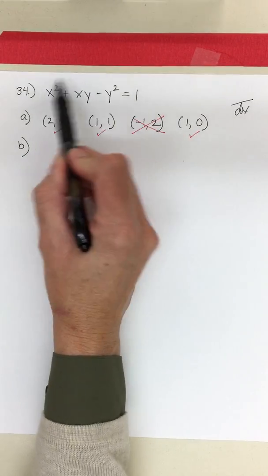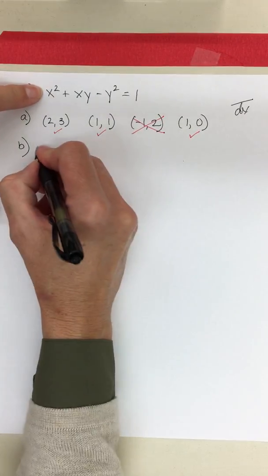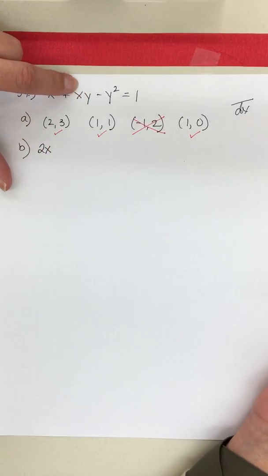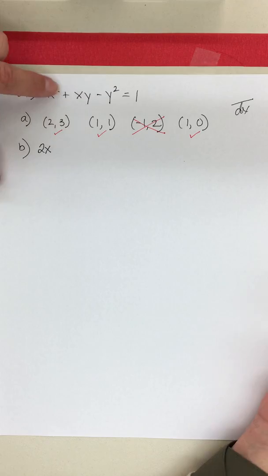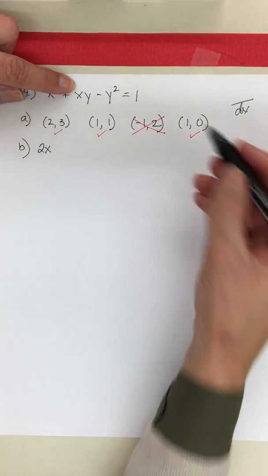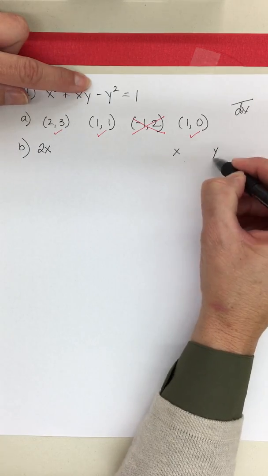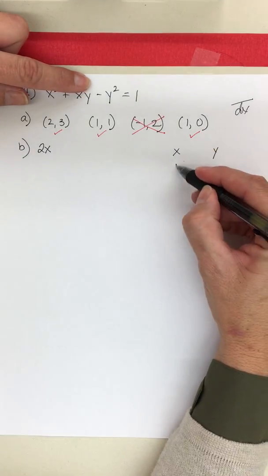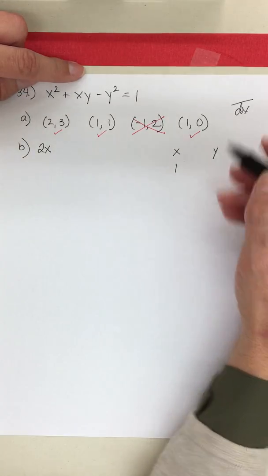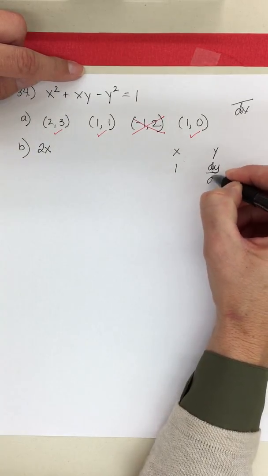Okay, so the derivative of x squared is 2x. The derivative of xy requires a product rule. And I always put this sign, it's a positive so it doesn't really matter, but I put this sign with the x. So I have an x and a y, product rule. The derivative of x is 1. The derivative of y with respect to x is 1 dy/dx.